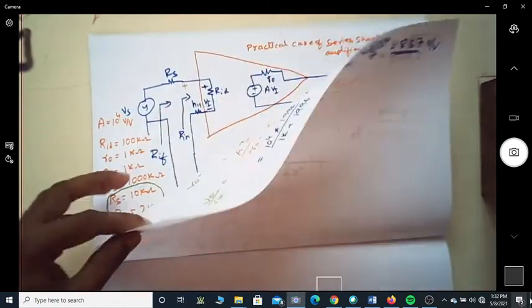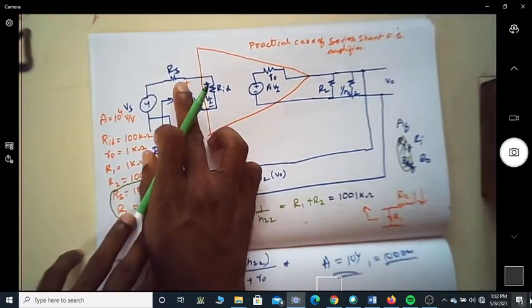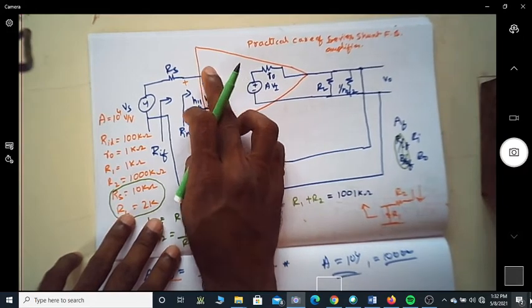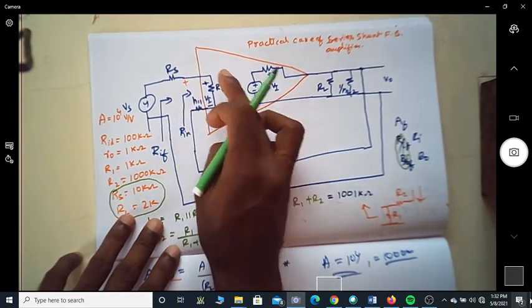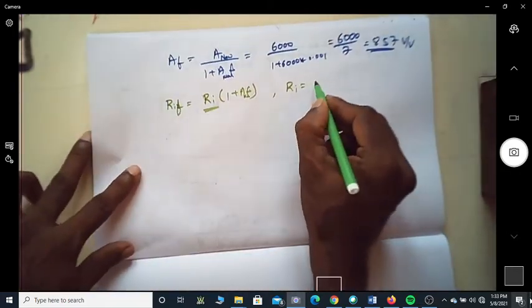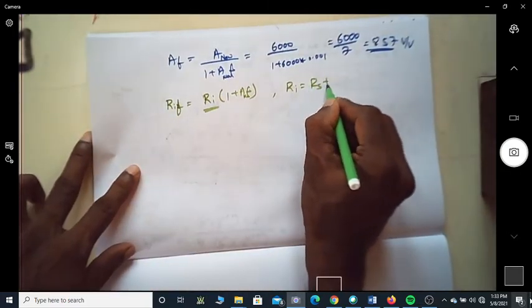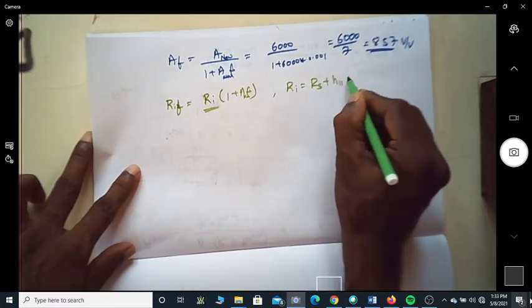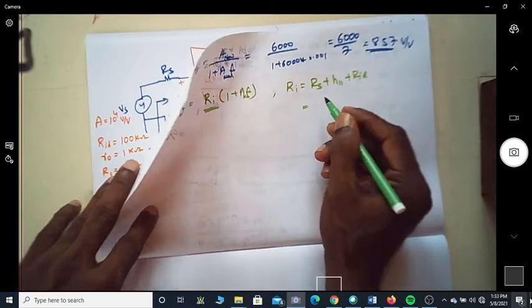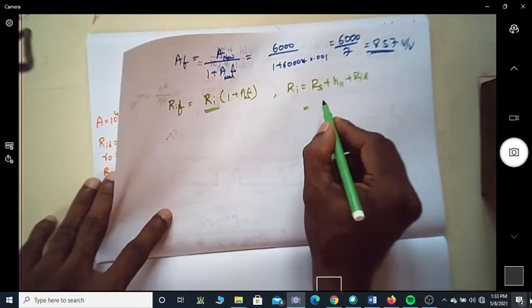So what is this Ri? Ri is the input impedance that you are seeing here. The input impedance seen here is Rs, Rid, and H11. So Ri is equal to Rs plus H11 plus Rid.